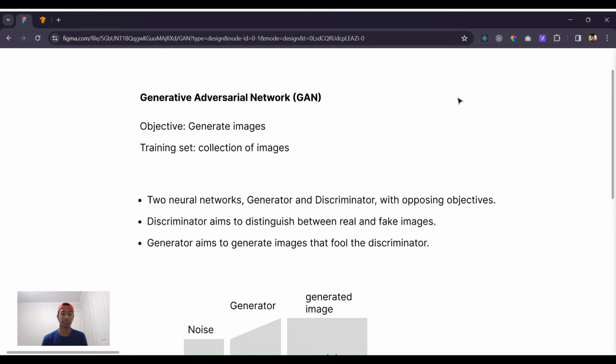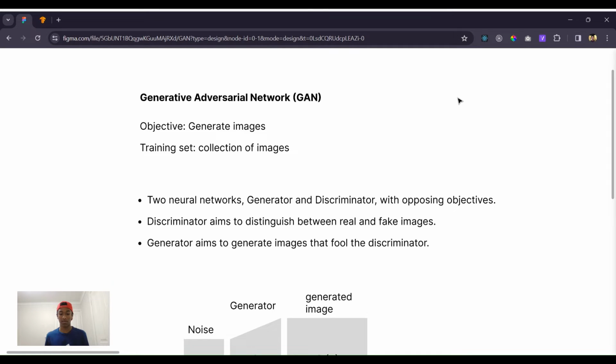Okay, so the objective of a GAN is to generate images, and we're given a training set of images. Now, in a GAN, we have actually two neural networks, a generator and a discriminator, and these two networks have opposing objectives. The discriminator aims to become excellent at distinguishing between real and fake images.